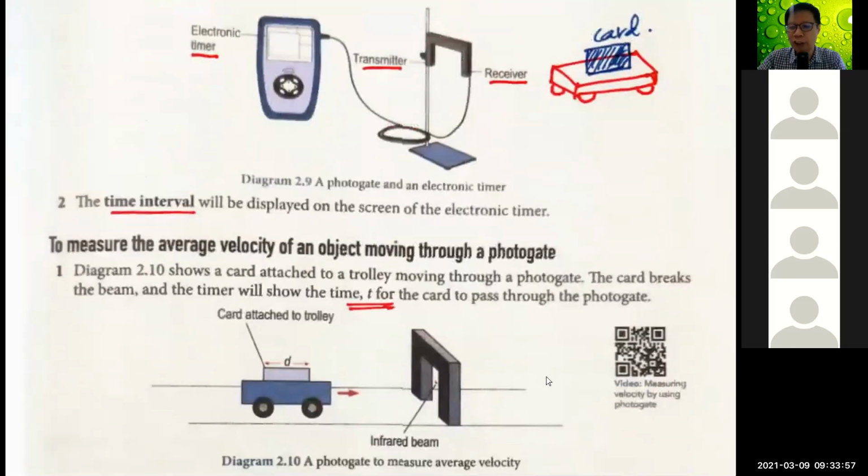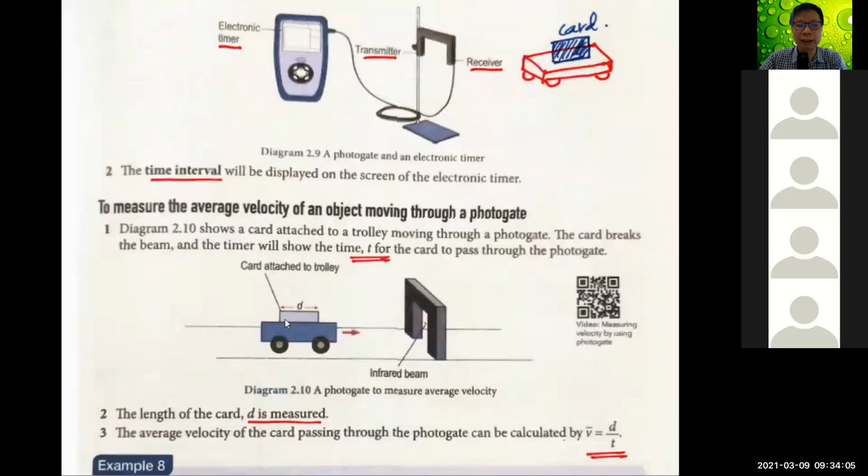I want to finish this one first. To measure the average velocity, you let this trolley go through the photogate. The distance of the cardboard is recorded, and when the trolley passes through the photogate, the time will be recorded. The card blocks the infrared, and the timer will show the time.